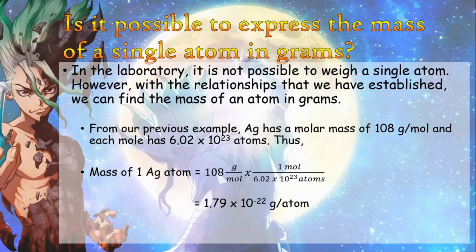And you will get the answer 1.79 times 10 raised to negative 22 grams per atom. So the mass of 1 atom of silver is 1.79 times 10 to the negative 22 grams per atom.